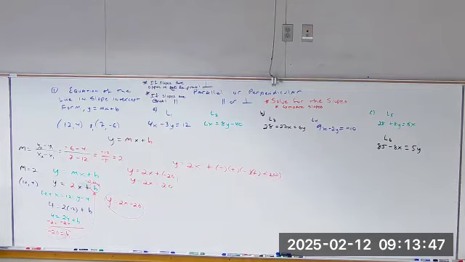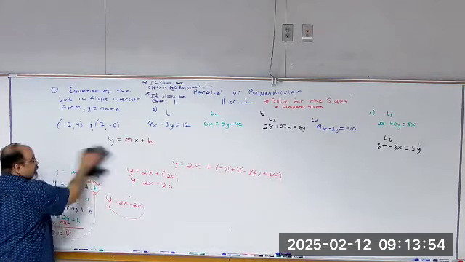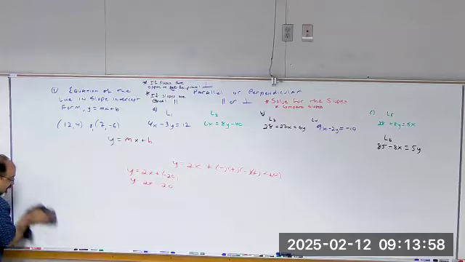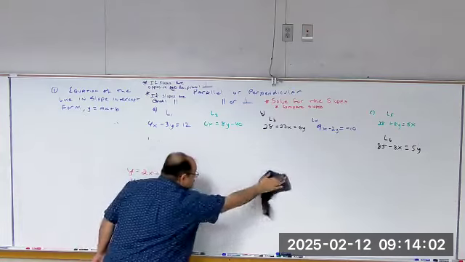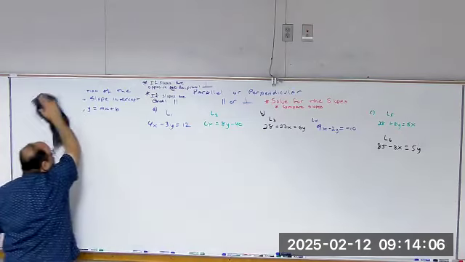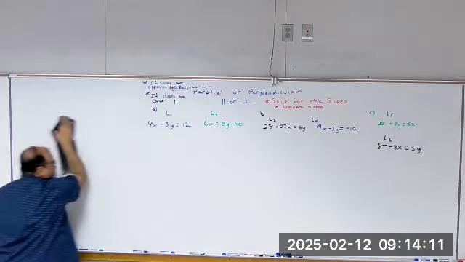So maybe yours is going to be parallel. Maybe yours is going to be perpendicular. I doubt you're going to get neither, because I'm probably not going to waste it when I want to know if you understand the concept of parallel or perpendicular. But if you don't get equal, if you don't get opposite and reciprocal, then the answer will be neither.